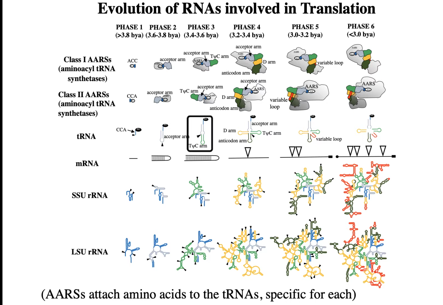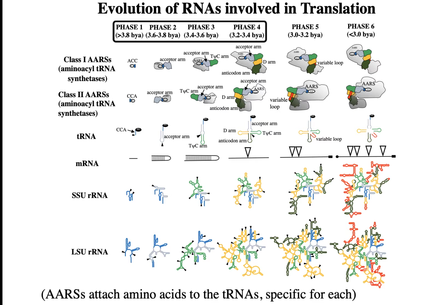It then got longer by adding the T pseudo C arm, and then the D arm and anticodon arm were added when the duplication of the entire molecule occurred. And so it doubled in size at that time and took on the shape that it has today, that cross structure that you see in all tRNAs.